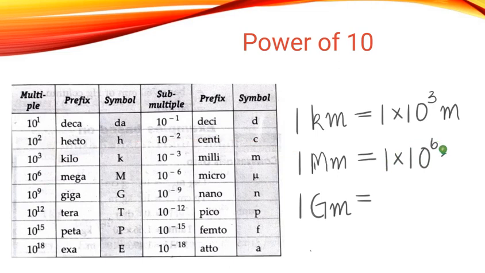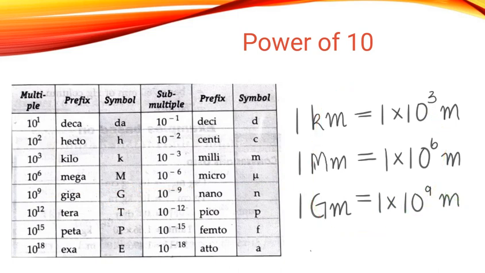Similarly, you can look at giga. For giga, it is capital G. Giga means 10 to the power 9. So 1 gigameter equals 10 to the power 9 meter. So these are some commonly used powers of ten.